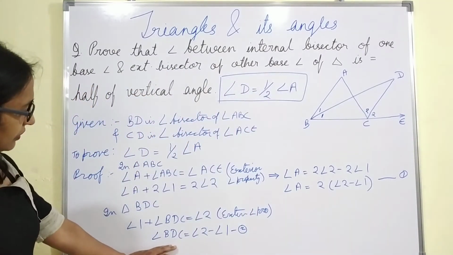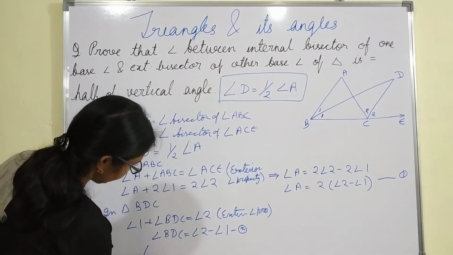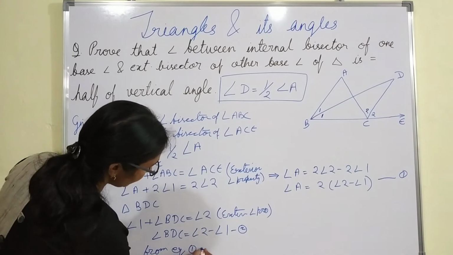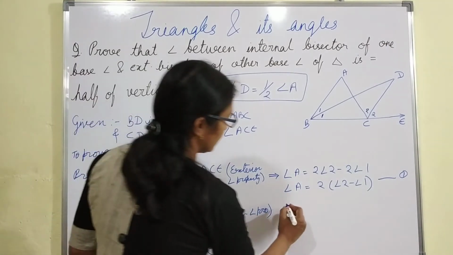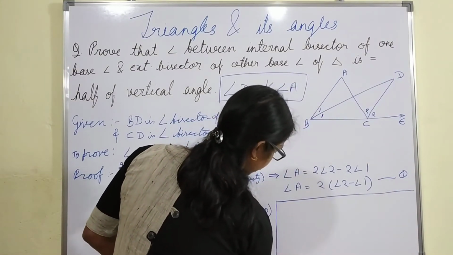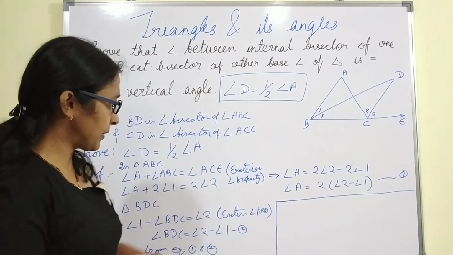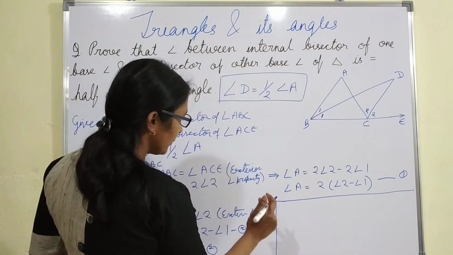Now equate equation 1 and 2. So angle 2 minus 1, angle 2 minus 1. I am putting its value there.